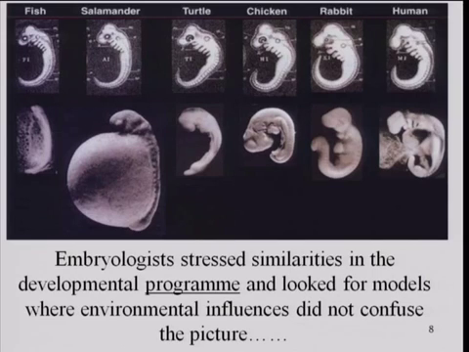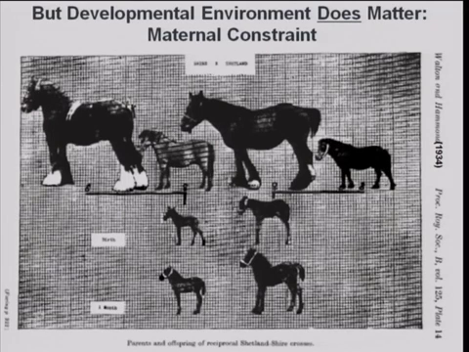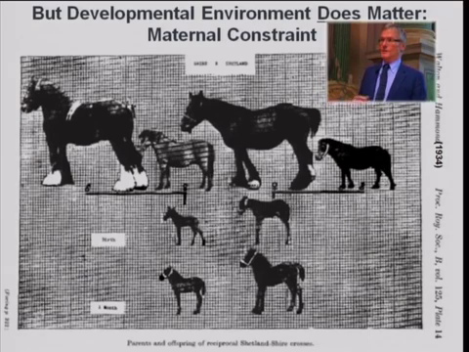This isn't necessarily helpful in today's world, because it has been known for many, many years that environment is incredibly important in development. This is just one historical example, which refers to a phenomenon called maternal constraint that I want to spend a few minutes on because I want to show you that it's actually incredibly important.